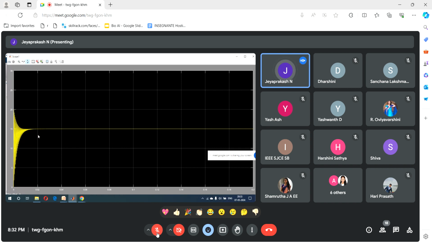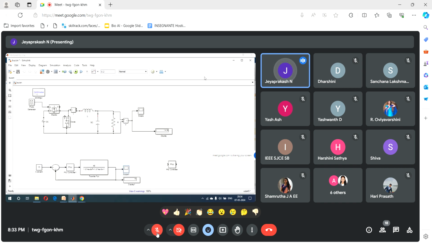We are also achieving a very low settling time, less than 0.02, as before. So after tuning I have reduced the maximum peak overshoot from 27.5 to 20. I am achieving this only with the help of Simulink.